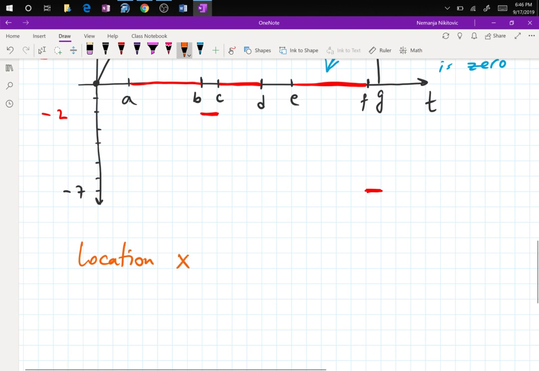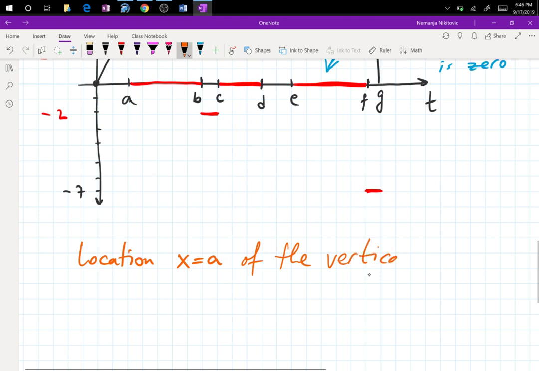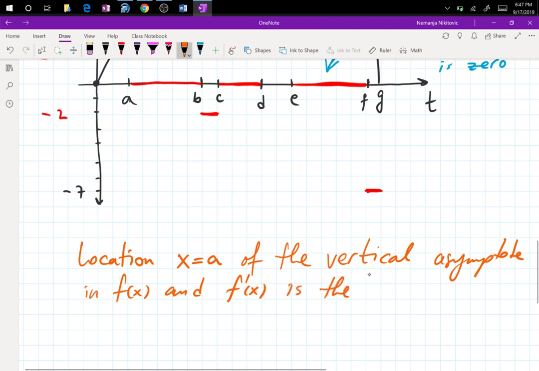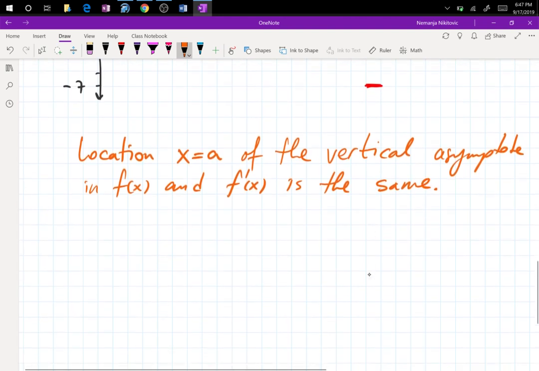Location x equals a of the vertical asymptote in f of x and f prime of x is the same. Well, you can phrase this any way you want, I don't care.